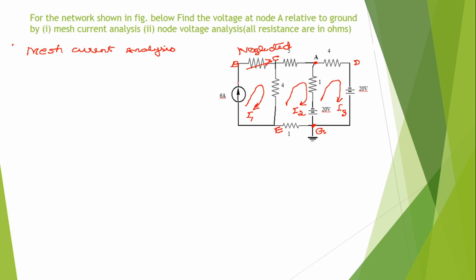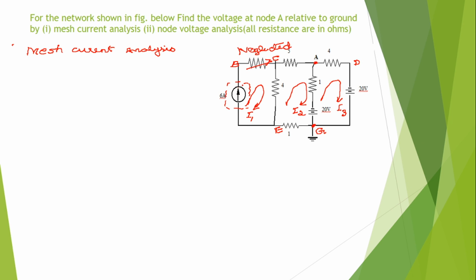Now before applying KVL, is there any ideal current source in the network? Yes, this is the ideal current source present in the network. If an ideal current source is present, what should we do? We should get the relation between the source current and a mesh current.